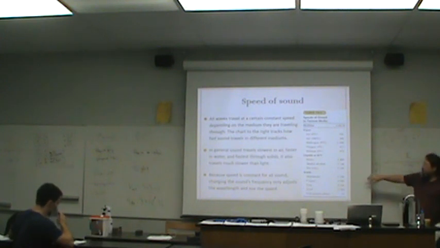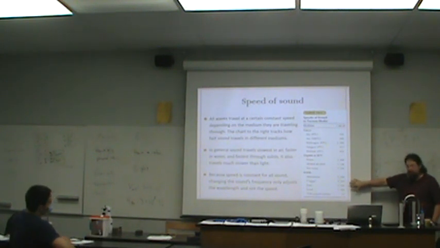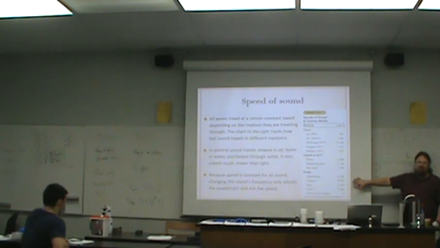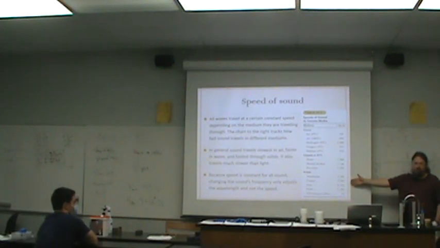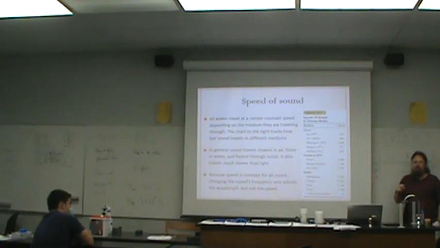But because of this difference, this is one reason why earthquakes are so dangerous. Waves just travel faster through solids, which includes the ground. So an earthquake can go from its epicenter to halfway across the continent in minutes.